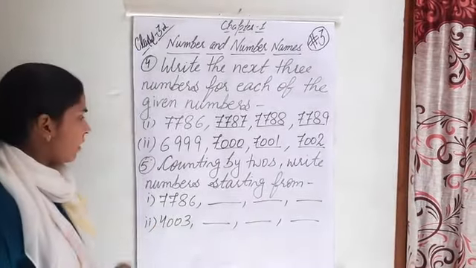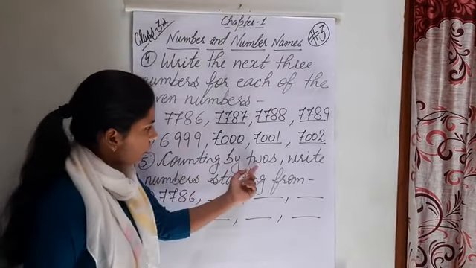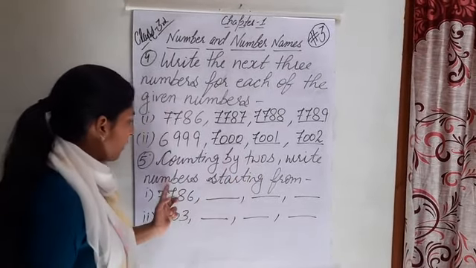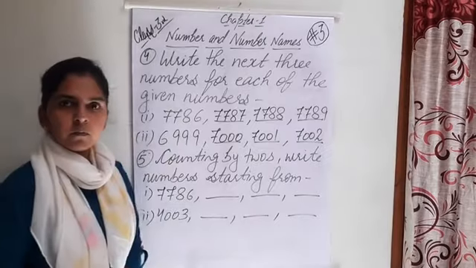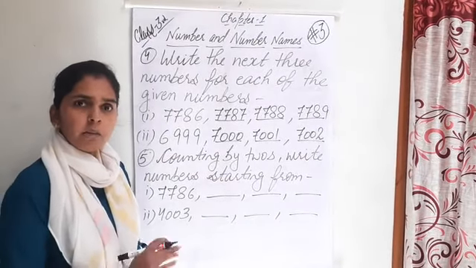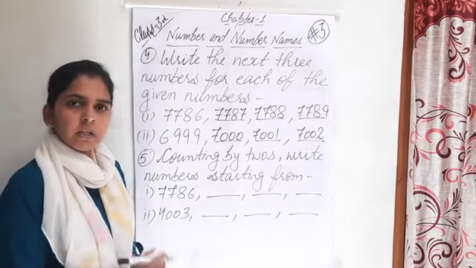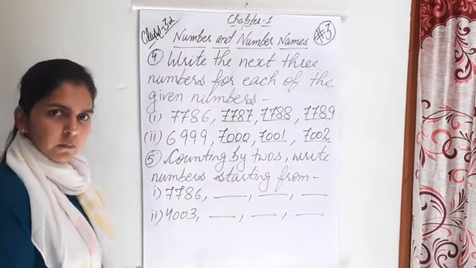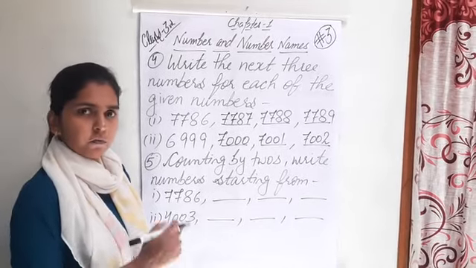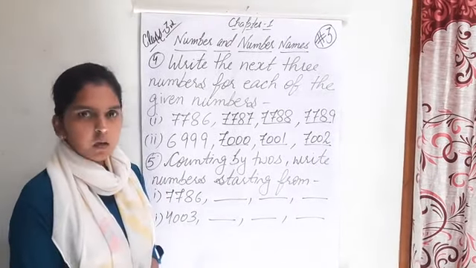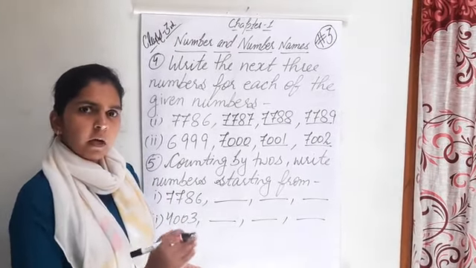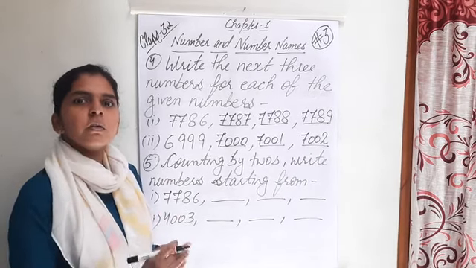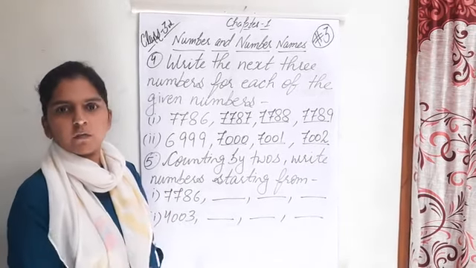Next question. Counting by twos, write numbers starting from. We have to count by twos. What is the meaning of that? Counting by twos means if I have written first number like 1, then every time we need to add 2 to the given number.